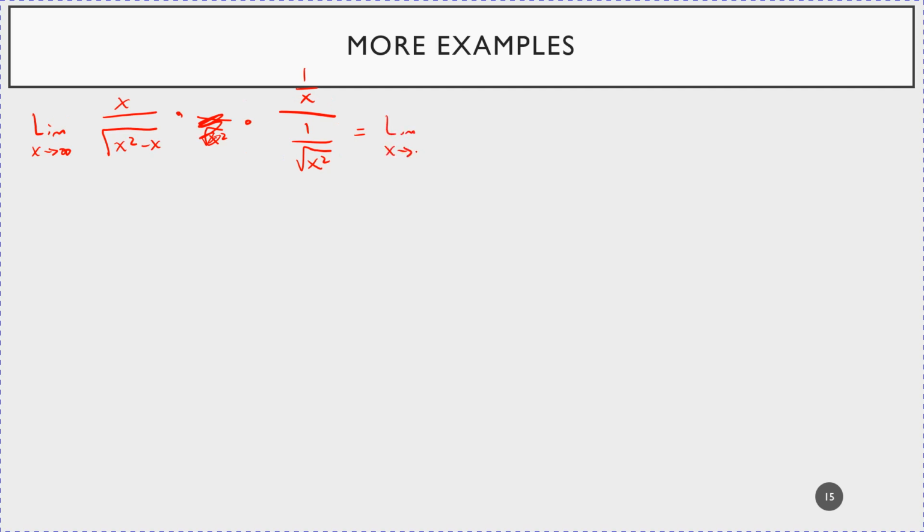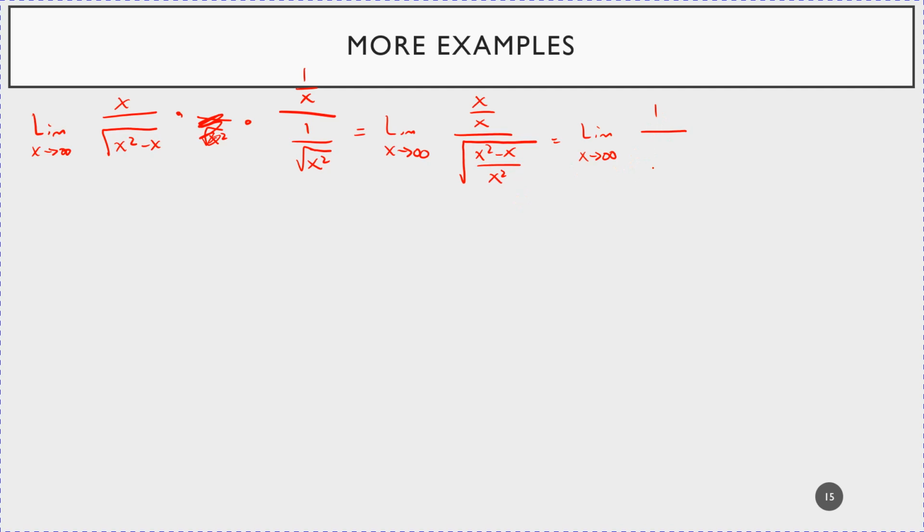So this is the limit as x goes to infinity. X times 1 over x is x over x, divided by the square root of x squared minus x divided by the square root of x squared. So this is just x squared minus x divided by x squared, square rooted. So limit as x goes to infinity here, this is 1 over here.